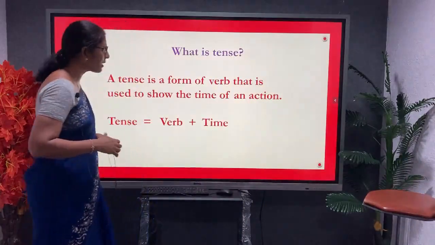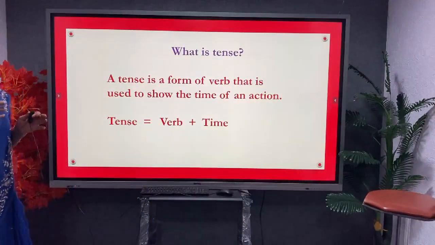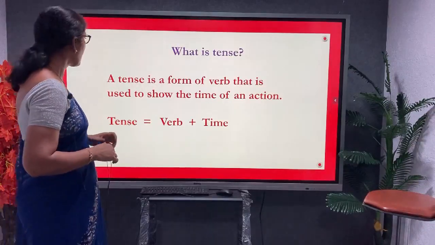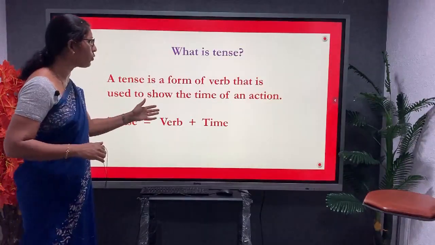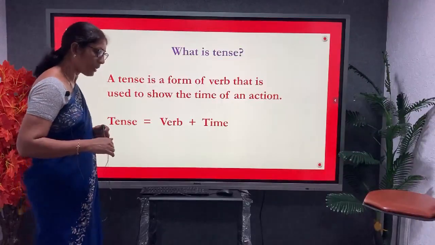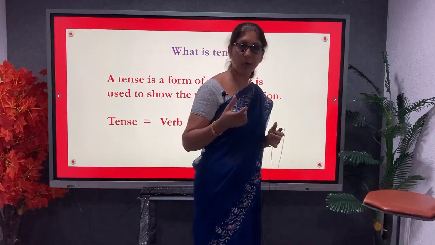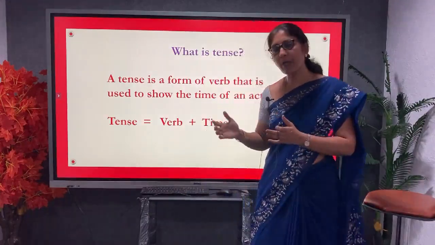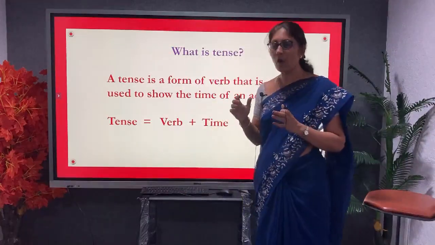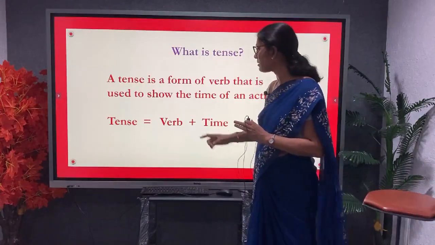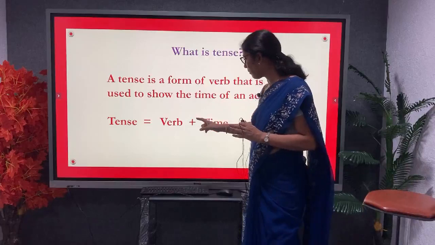So what is tense and what does it represent? A tense is a form of verb that is used to show the time of an action. So tense means you understand that there is an action, but apart from the action, it indicates the time of the action. That means tense means verb plus time.